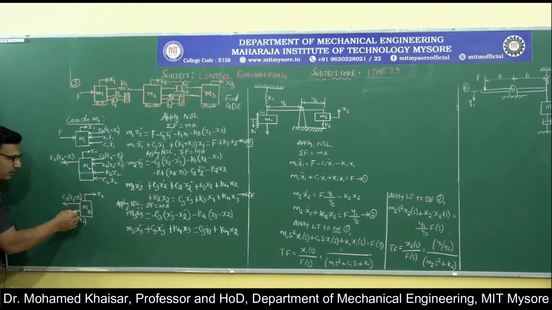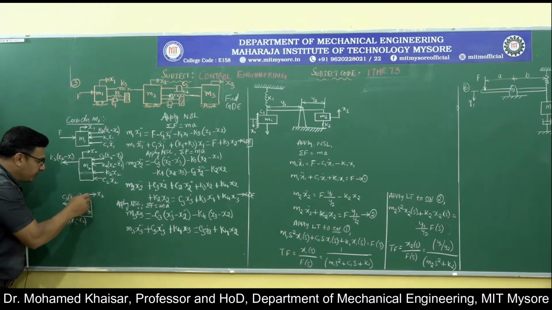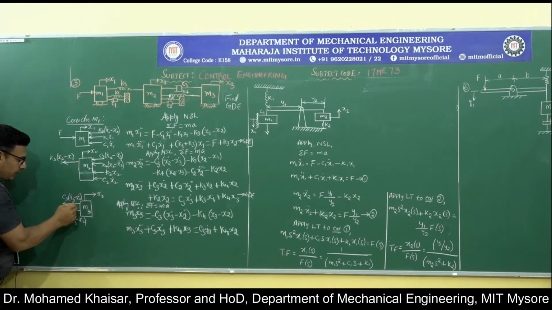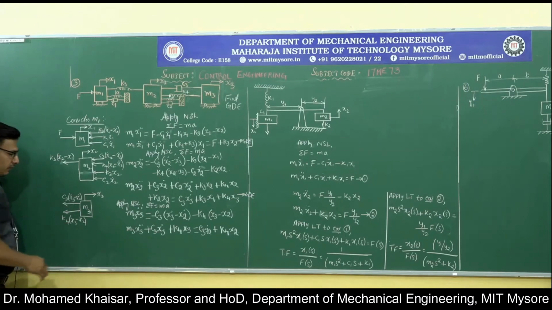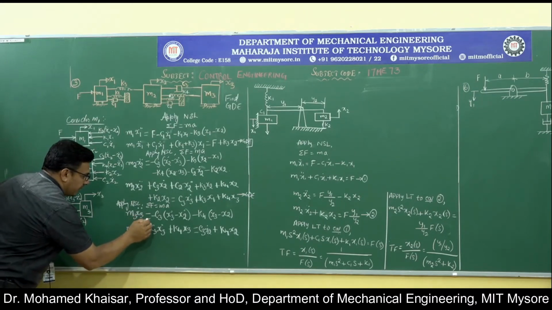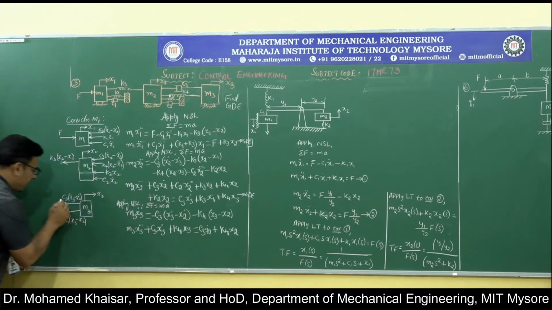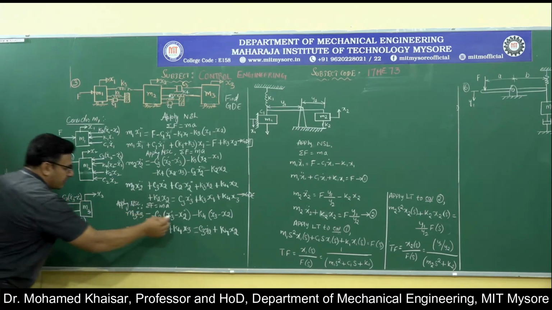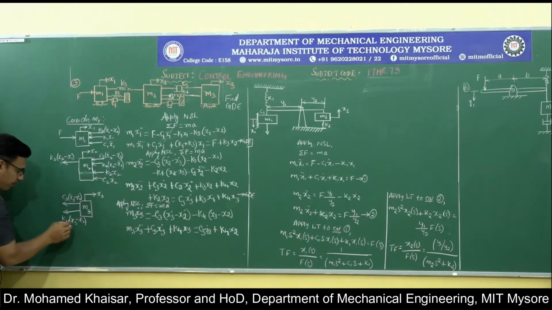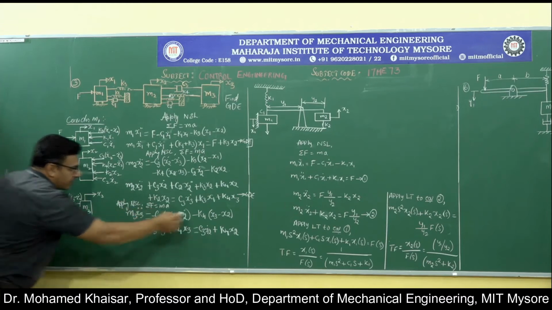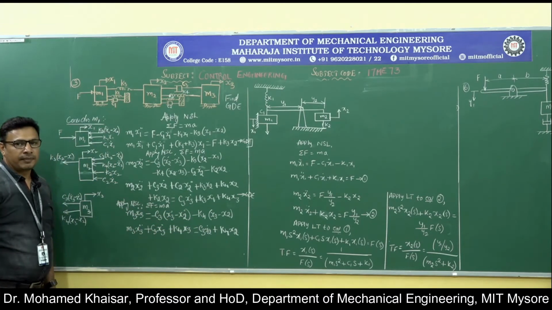Since these two forces are in the direction opposite to the displacement, both of them must be written with the negative sign. So m3 x3 double dot is equal to minus c3 into x3 dot minus x2 dot, then minus k4 into x3 minus x2. This is what we have written here.